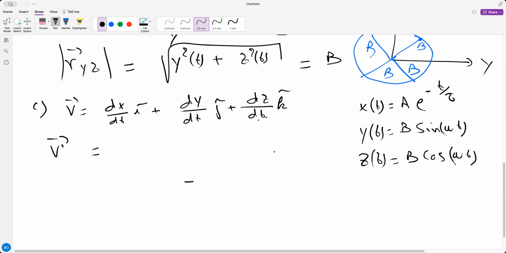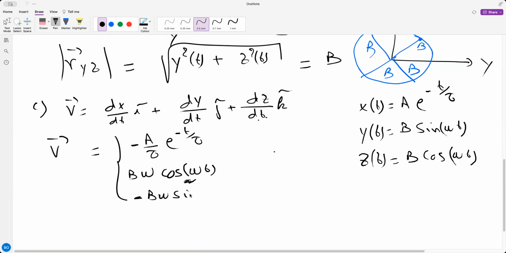So this will easily give me the derivative of x with respect to t: minus a over tau exponential minus t over tau. Then the derivative of y gives me b omega cosine omega t, and the derivative of z will be minus b omega sine omega t. Those are the components of the velocity.